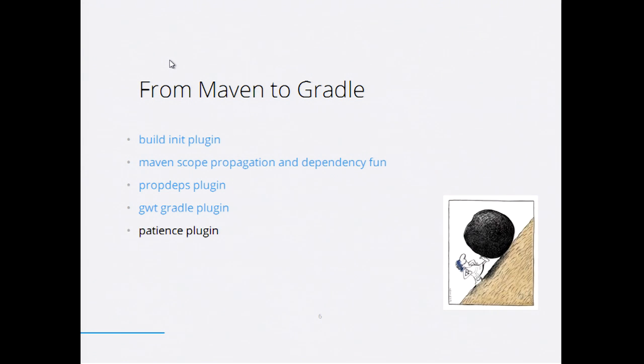Then some plugin which is missing, you need patience. It's especially because of the dependency problems. You compile your project, Gradle tells you that the dependency is missing, and you have to add it manually. Then you compile again, and well, that's no fun.